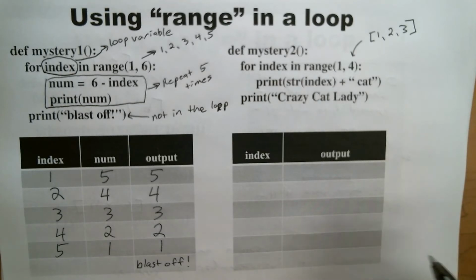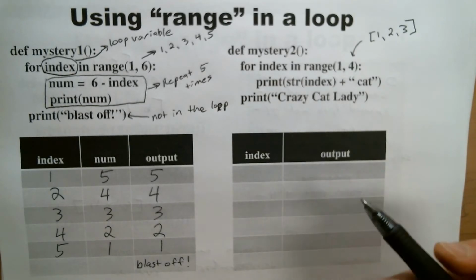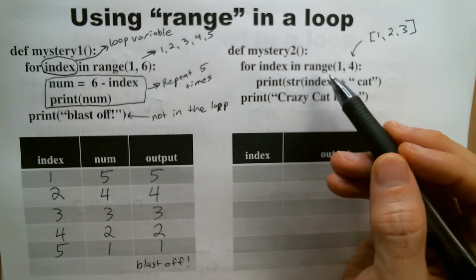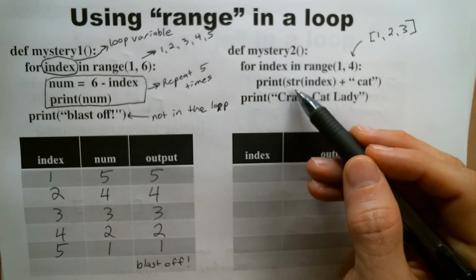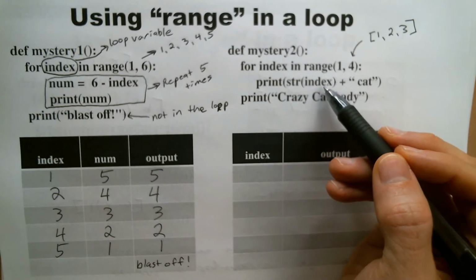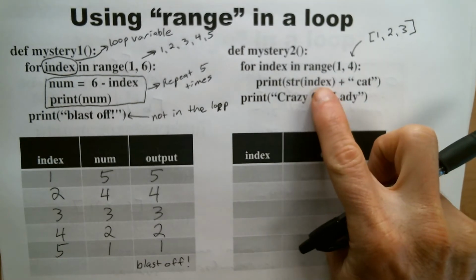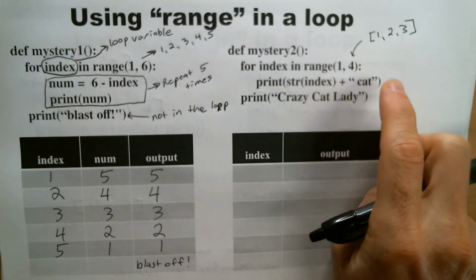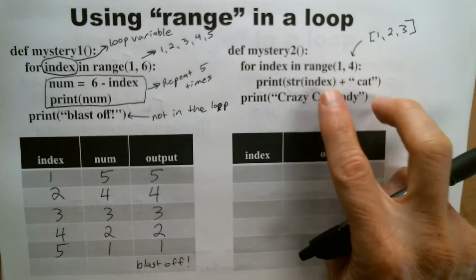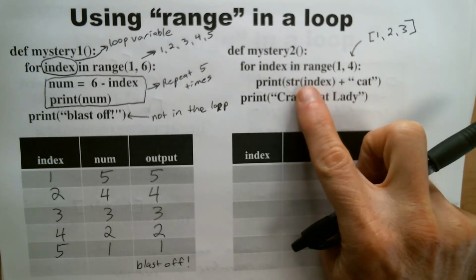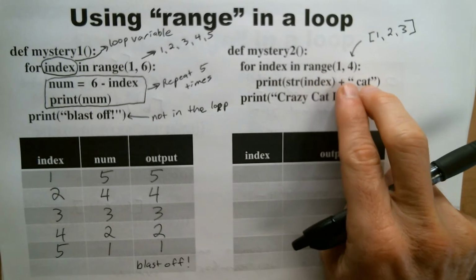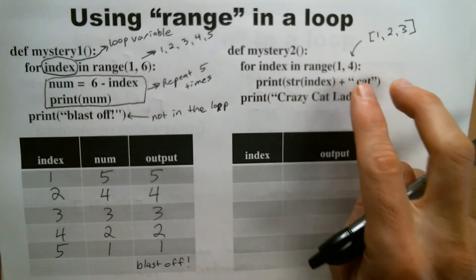So when this code executes, we enter this, print index. Index is a number. And what you should have seen in lab 1 is that we can't do a number plus a string. So what this is doing is turning that number into a string so that we can combine these together.